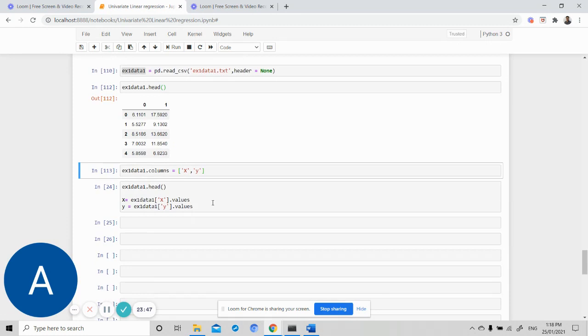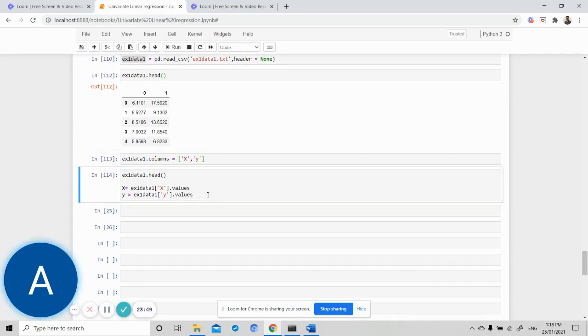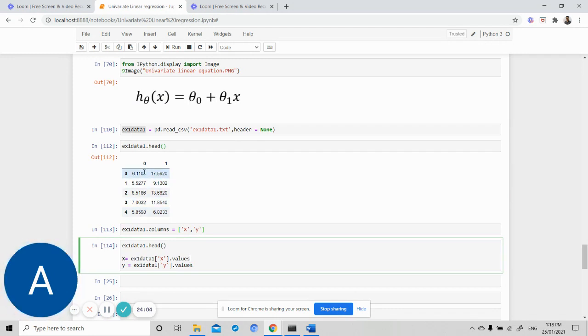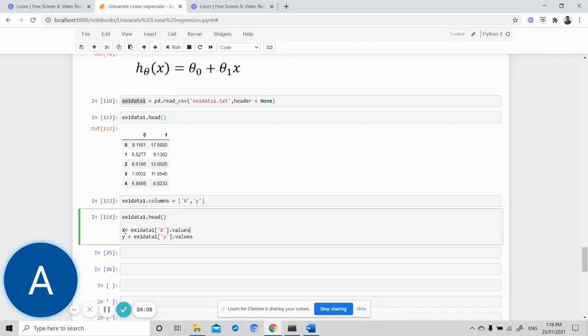So my x variable is this and y is this. I only have one feature and one output. That's why it's called univariate, because we have only one input feature and one output. So for x we have included one feature and our output y is another feature.